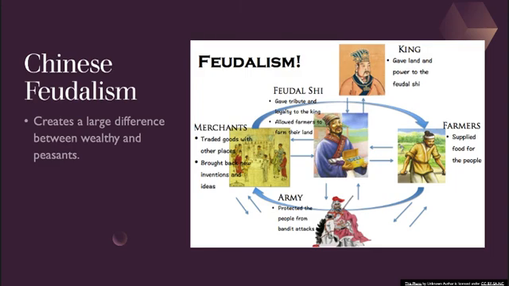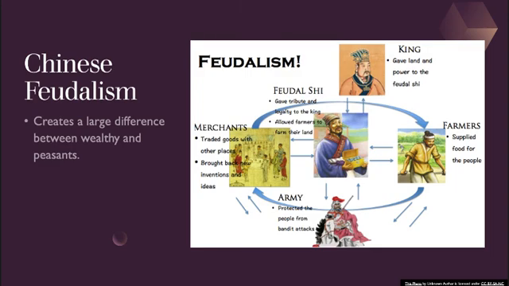Nobles, rich people, the way in which you became wealthy is by ownership of land. Land ownership made you wealthy. So if you owned land, you owed allegiance to the king. You provide the king with tax money and loyalty.